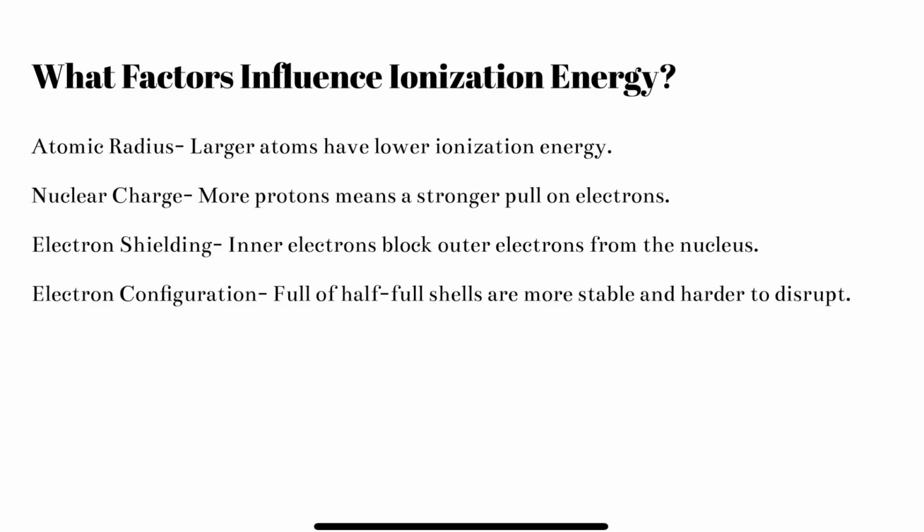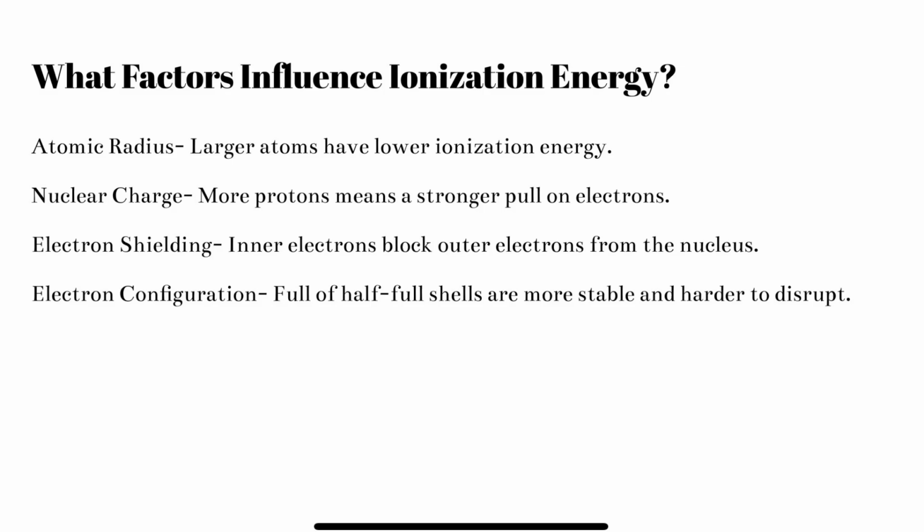More protons means a stronger positive charge in the nucleus, which pulls electrons in tighter and increases ionization energy. Electron shielding. Inner electrons shield outer electrons from the full pull of the nucleus. More shielding means lower ionization energy.